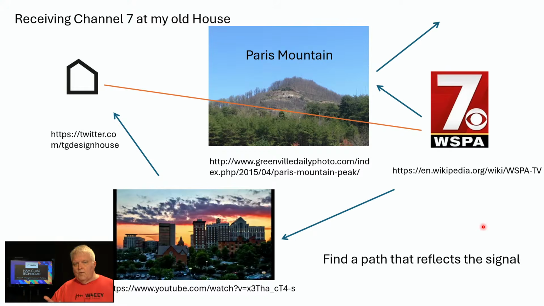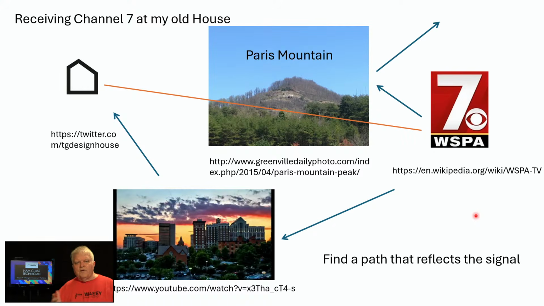But knowing what we just talked about, I did have a directional TV antenna on my roof. I was able to turn that antenna toward downtown Greenville, where they have large buildings. And I was able to find a reflection path, and it allowed me to watch WSPA TV when otherwise I could not, all because of this propagation mode, reflection. That's VHF and above. You can do this sort of thing.